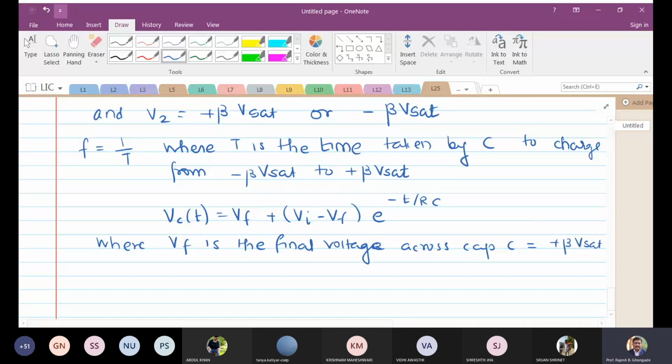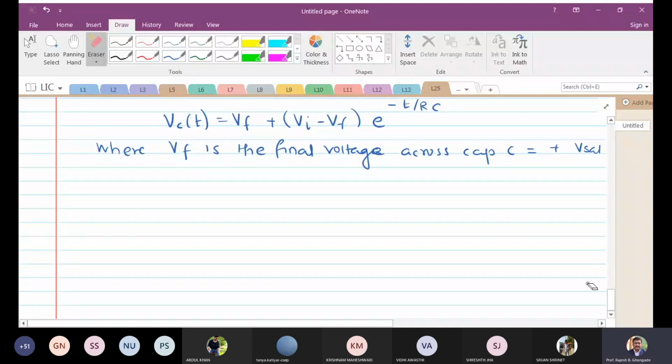Sorry, it should be plus Vsat. It is going towards Vsat, no? Plus Vsat.